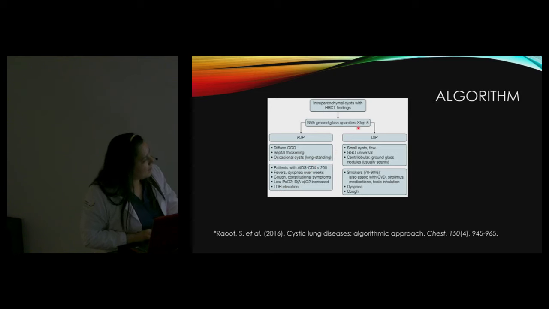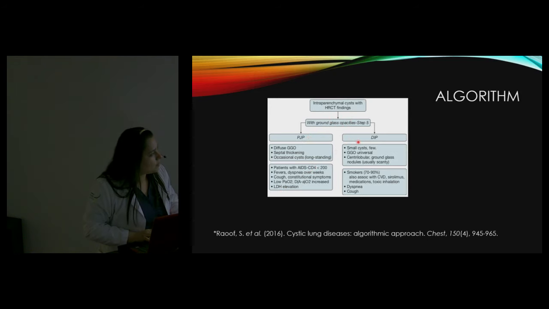Okay, so in this case, when we have ground glass opacity, there are some different characteristics between pneumocystis jirovecii and desquamative interstitial pneumonia.